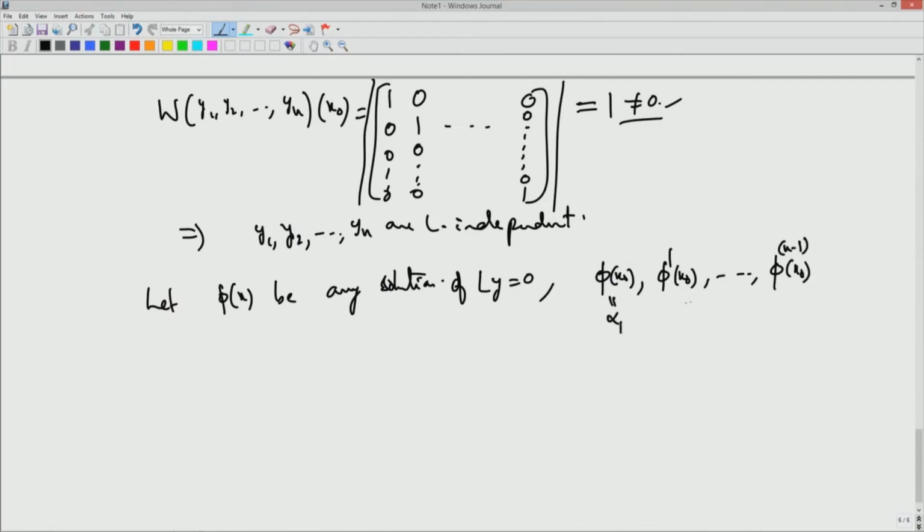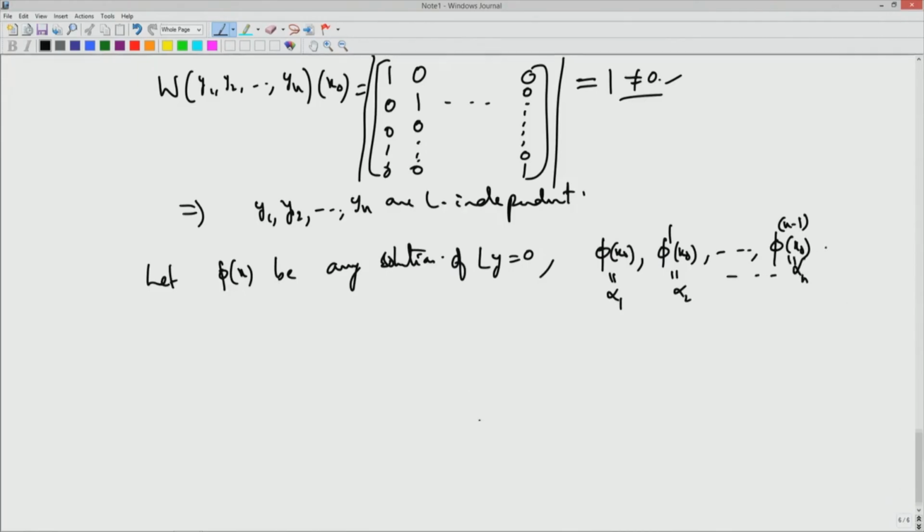You call them alpha 1, alpha 2, alpha n. Okay. So, once you have this, then phi of x, any solution, is satisfying the equation with this initial condition. Then I consider y of x as alpha 1 y1 of x plus alpha 2 y2 of x and so on, alpha n yn of x.